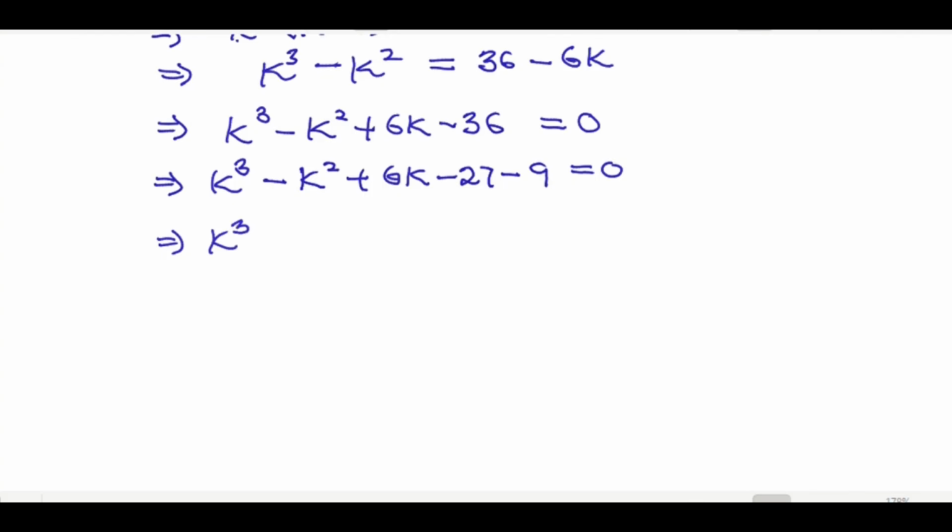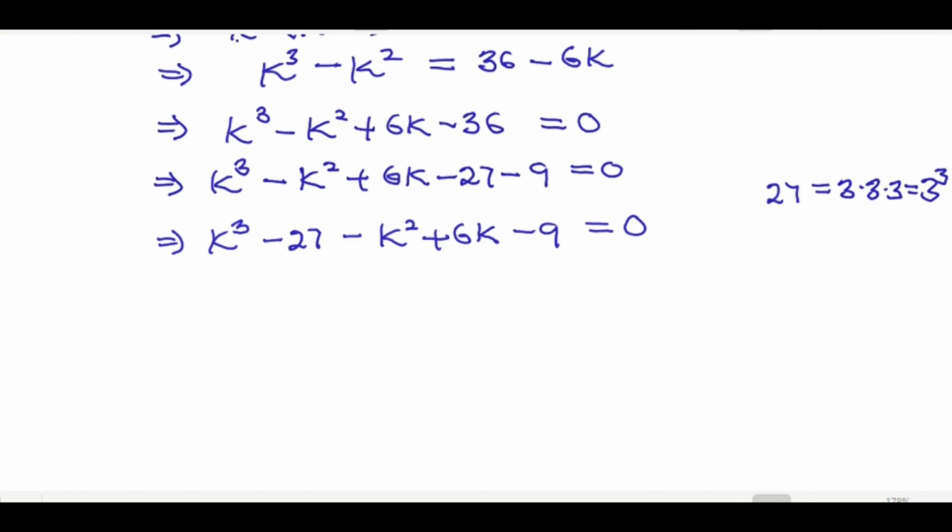Right. So here we can arrange this equation further by taking k to the power 3. Now bring the minus 27 here, so we have minus 27, minus k squared, plus 6k minus 9 equals 0. We have rearranged the equation. But 27 is the same as 3 by 3 by 3, and that equals 3 to the power 3.